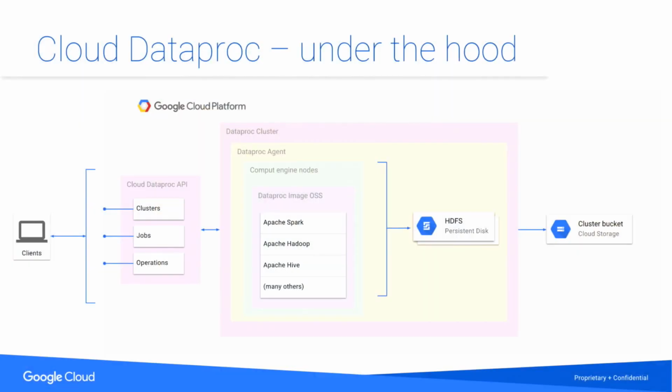And also for operations, if you want to know how your cluster is behaving in terms of utilization or monitoring. So these are the 3 endpoints available with Google Cloud Dataproc, and pretty much any Hadoop implementation needs all these 3 API endpoints.